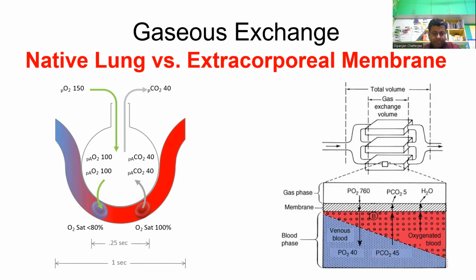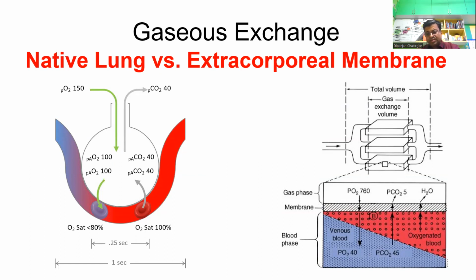So the layer of RBCs closest to the membrane becomes fully saturated very quickly. But for the layers of RBCs which are away from the membrane, the oxygen diffusion takes place more slowly.